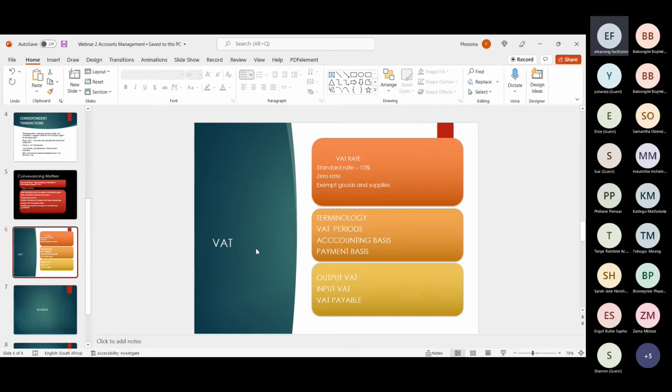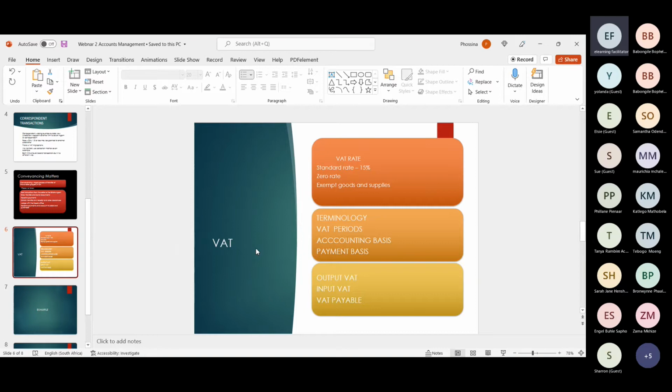Okay, so what then SARS does is that they say, okay, on certain expenses that you incur as a firm, you are allowed to claim what they call input VAT. Those expenses are like your computer expenses, your stationery. You look at your furniture. If you buy furniture, they allow that.